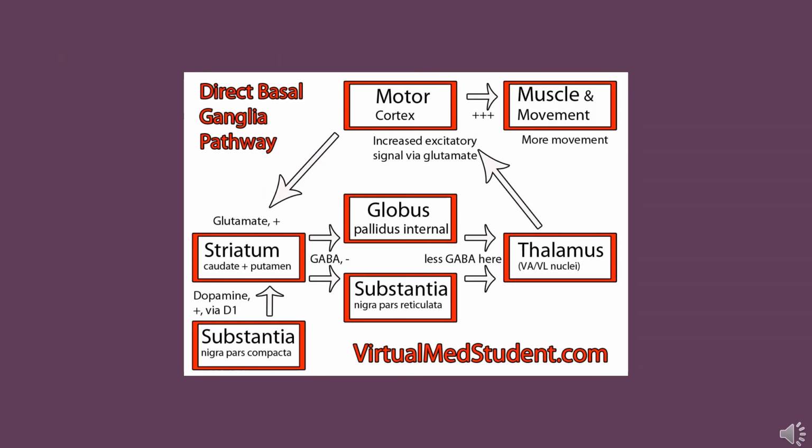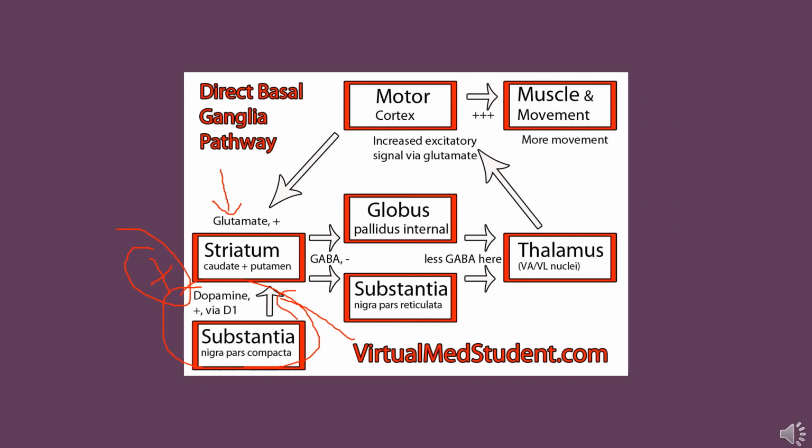The way the substantia nigra influences the direct pathway is that it releases dopamine within the striatum, which acts via the D1 receptors to stimulate GABAergic neurons traveling from the striatum to the globus pallidus internal. So if you think about it, the striatum is actually receiving double stimulation signals. One is glutamate from the cortex and the other is dopamine from the substantia nigra.